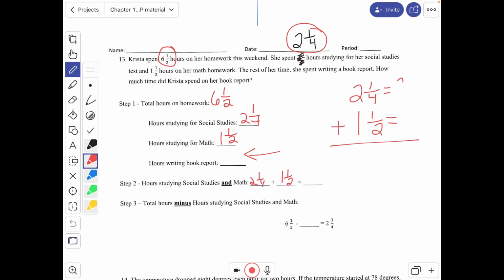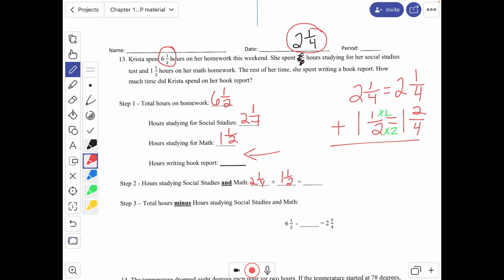Four is a good common denominator. So we want to change both of them to have a 4 on the bottom. The top fraction already has a 4, so I can just scoot him over. The bottom one, I would need to multiply by 2 to get a 4. And 1 times 2 makes 2.